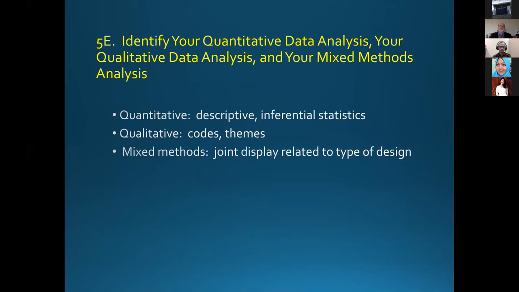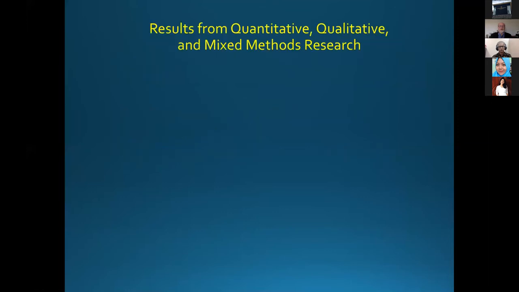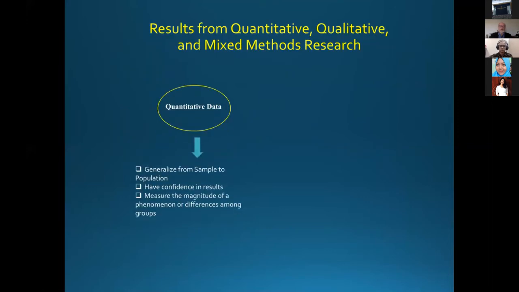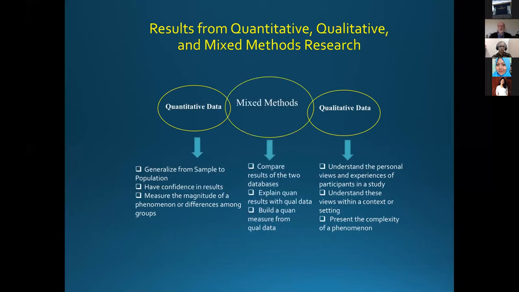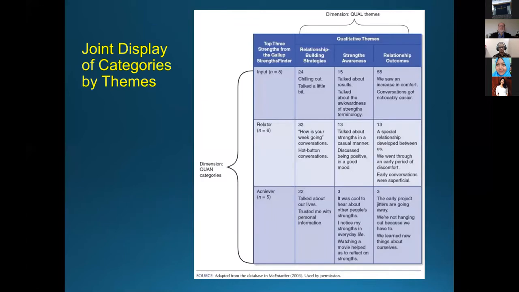Okay, next, identify your data analysis. Well, we're going to do quantitative data analysis, coming up with confidence intervals, magnitudes of differences, etc. And we're going to do qualitative data analysis, codes and themes of experiences. It's going to show the complexity. But now, in mixed methods, we're actually going to integrate or bring these 2 databases together, comparing the results, explaining the results, building the results to new measures.